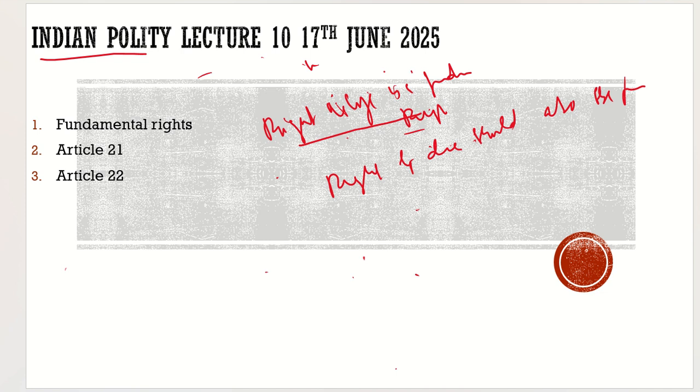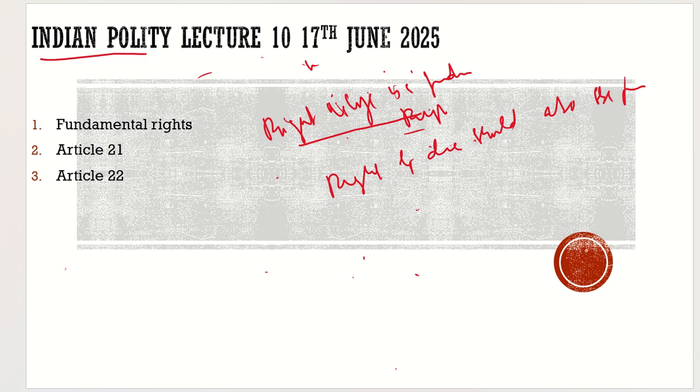What does the right to life mean? That you should live with dignity. If this dignity is not given to me, suppose my reputation is down, I have zero reputation, I have no access to education, I'm not even able to feed my children, I'm not able to run a business, I'm very much restricted.